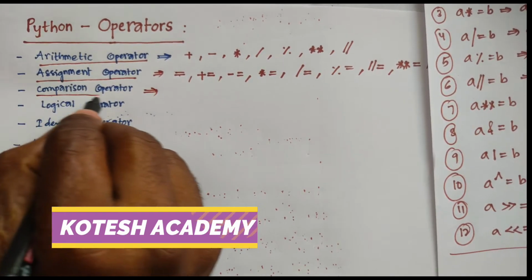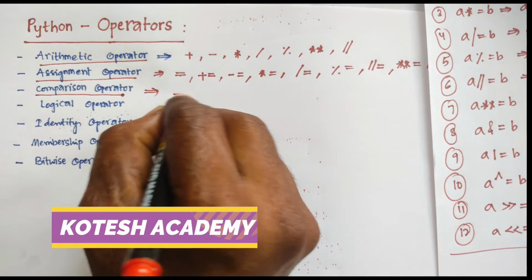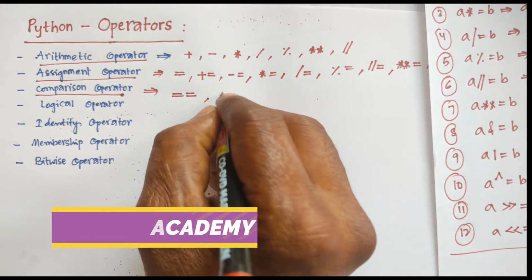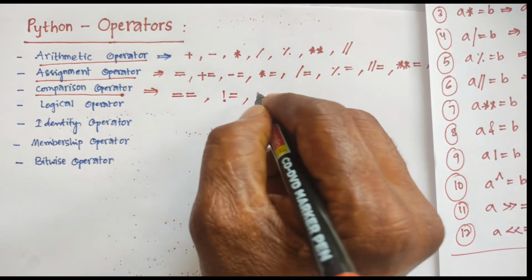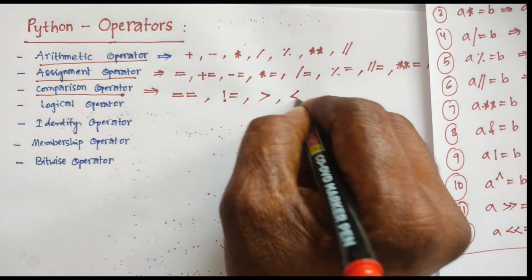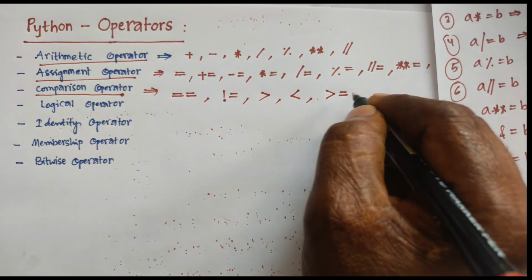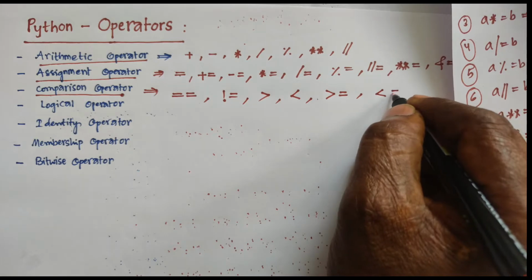Next, comparison operators. Comparison operators are double equal, not equal, greater than, less than, greater than or equal, and less than or equal.